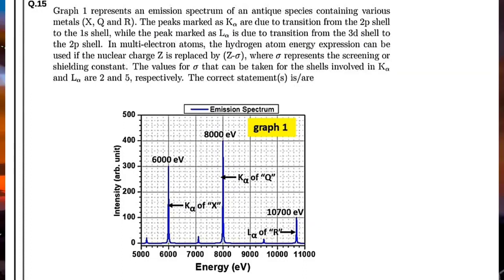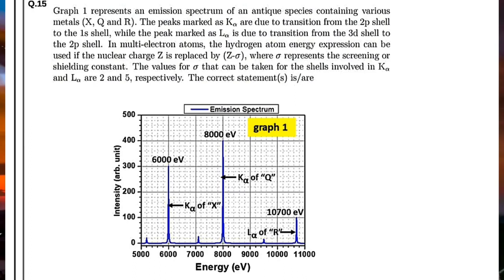Okay, so graph 1 represents an emission spectra of an antique species containing various metals X, Q, R. The peaks marked as K alpha are due to transition from 2p shell to 1s shell, while peaks marked as L alpha are due to 3d shell to 2p shell transition.